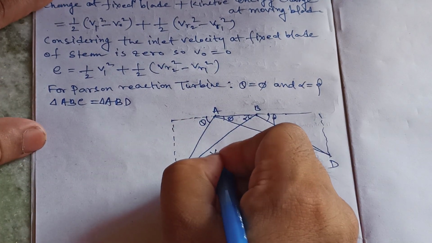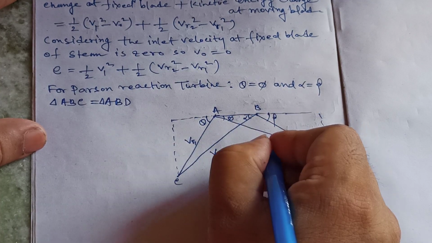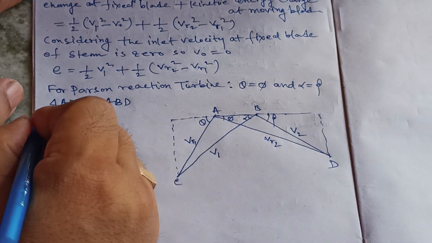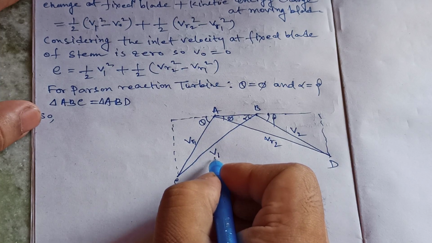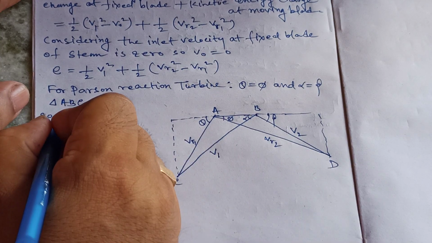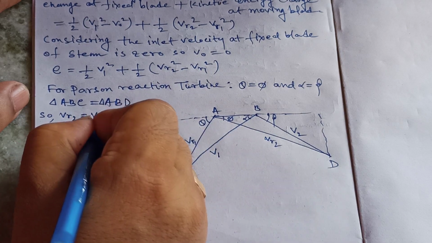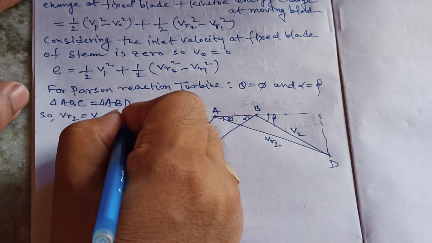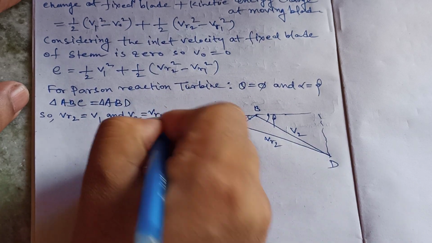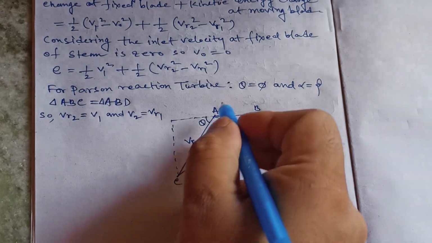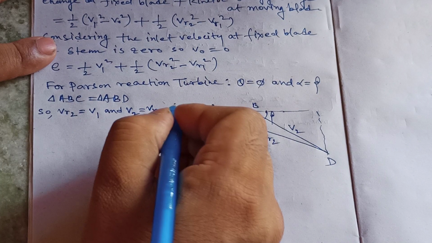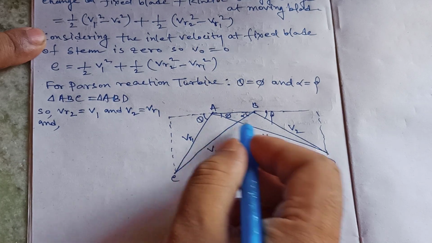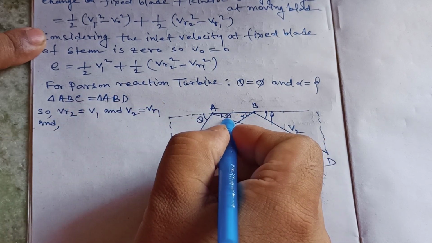as we know, this is V1, VR1, this is VR2 and this is V2. We can write for this turbine VR2 equals to V1 and V2 equals to VR1. Obviously right, because these two triangles are same. And also this phi equals to alpha.